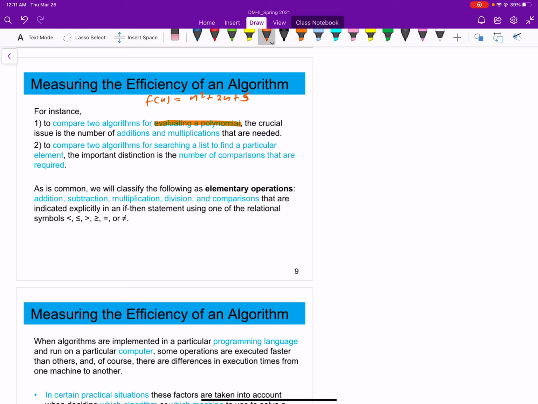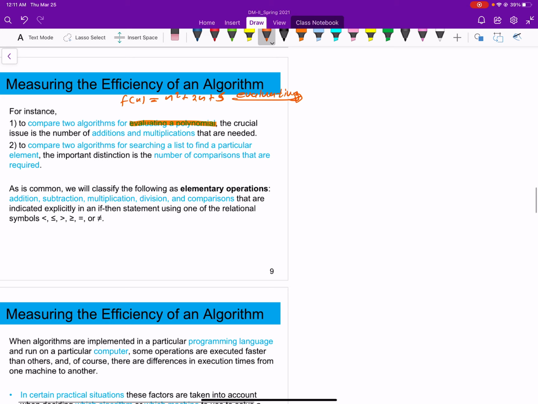Evaluating this polynomial means you have to find f of n when n equals some number, maybe n equals 5.